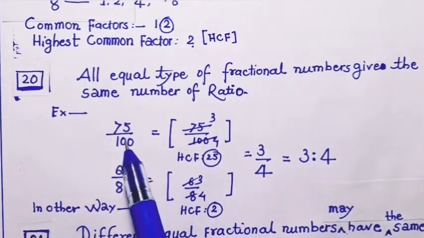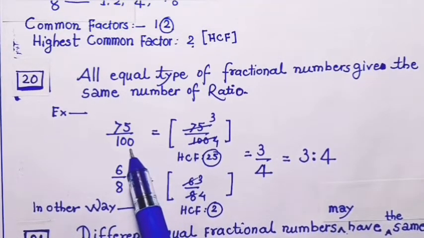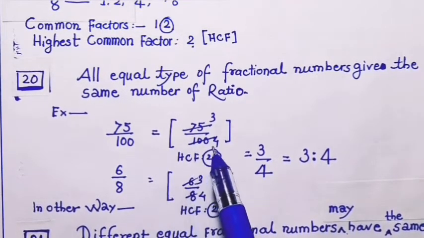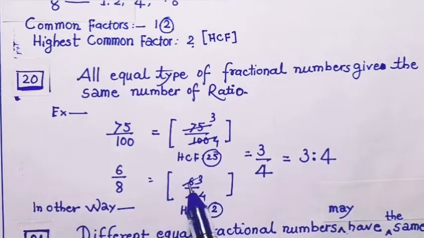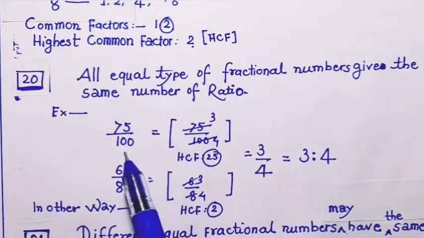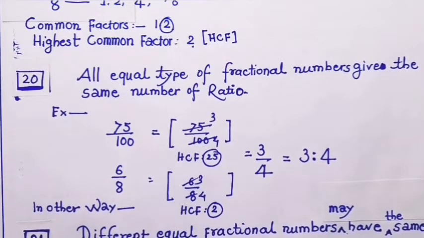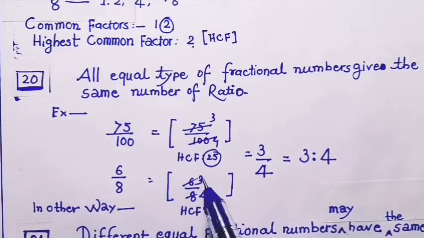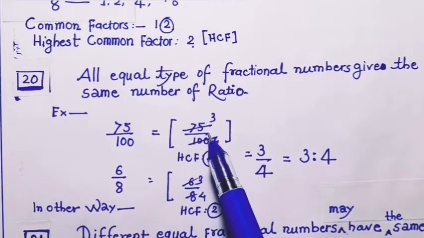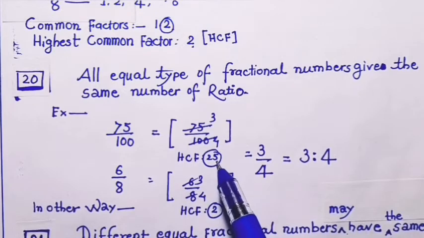If 75 by 100 is cancelled by their HCF, the HCF of these numbers is 25, and it will be cancelled by the HCF.